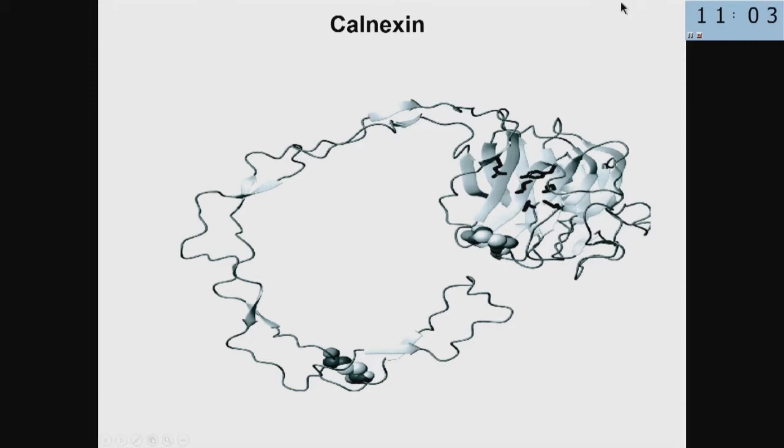And this is the structure of calnexin. It has an N-terminal domain, which is the lectin domain, and then a long P domain rich in prolines that sort of embraces the protein moiety having this glucose 1-mannose 9 epitope.